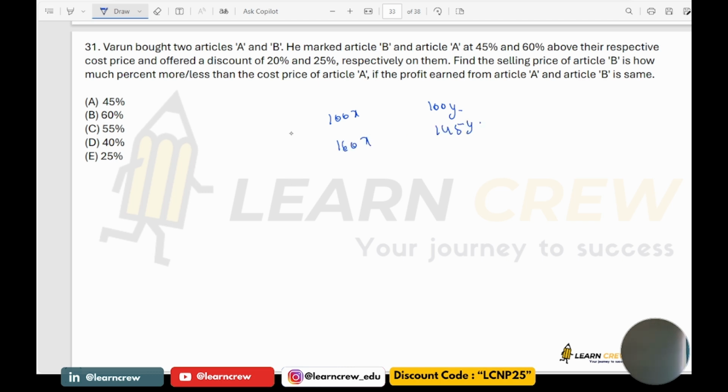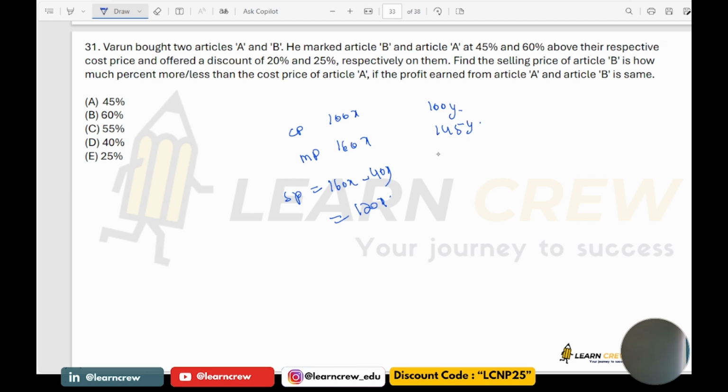So this is CP, this is market price. Next is selling price. Selling price of A would be 160x minus how much discount? 25 percentage means how much? One fourth of it is 40x, so 120x.